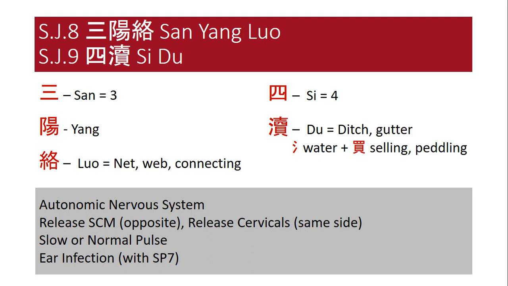This is the point that releases the SCM, releases the cervical spine, releases the TMJ. All these areas are connected with the nervous system and allow for parasympathetic feedback into the body. This gives us a view into their name. At the network of yang, Sanjiao 8, we can relax the yang, the nervous system.